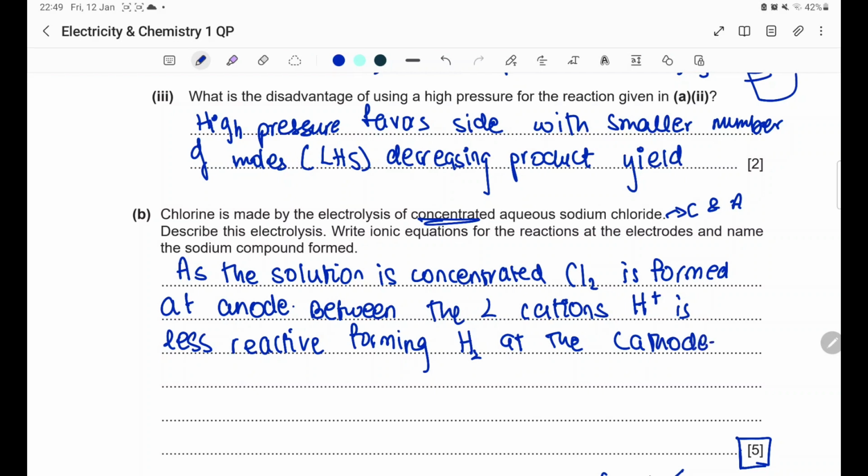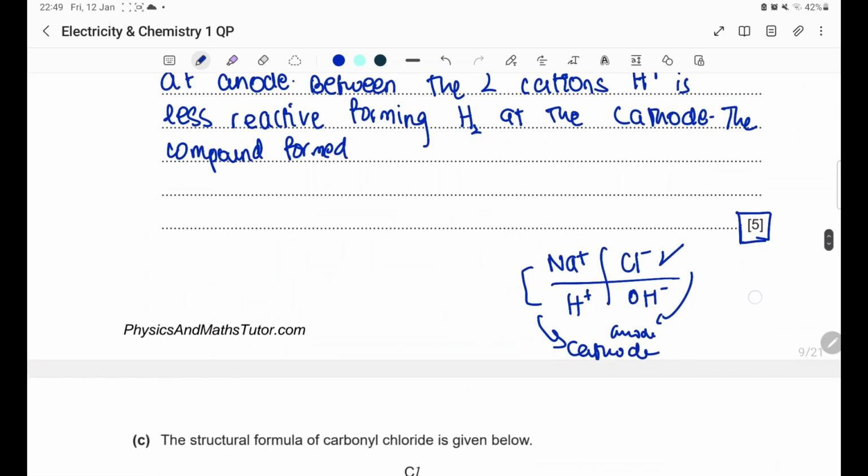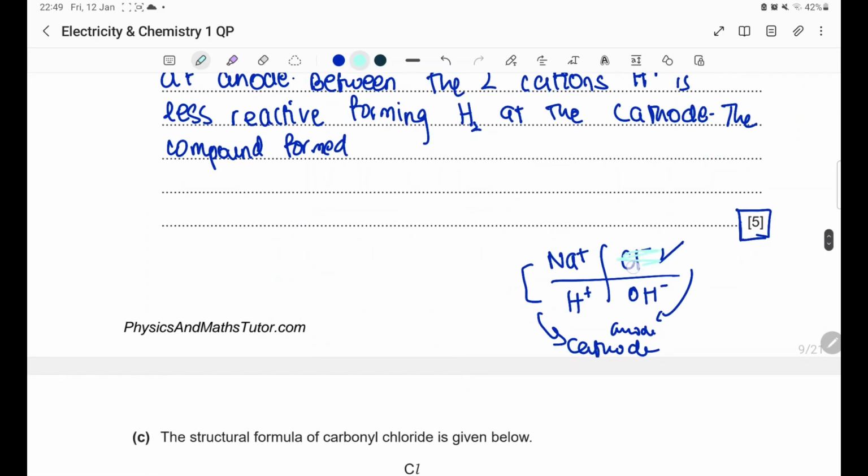Right. The compound formed, I'm just going to go down there for you to see. If Cl is gone and H plus is gone, then you are left with NaOH, which is sodium hydroxide.